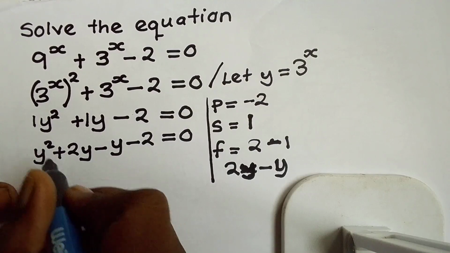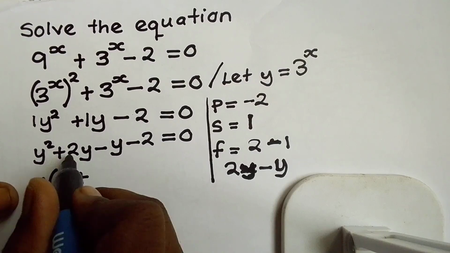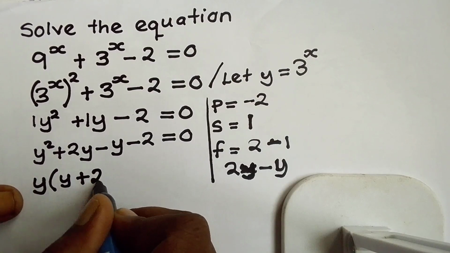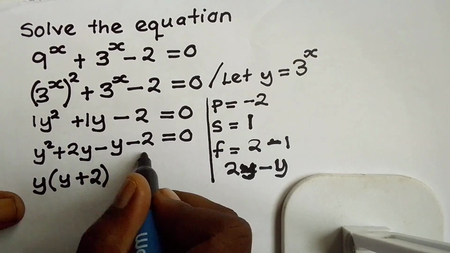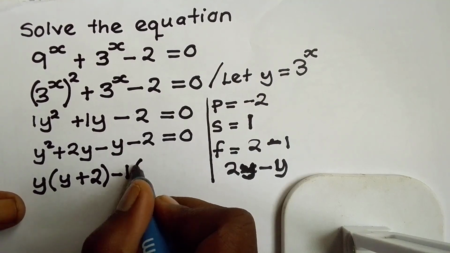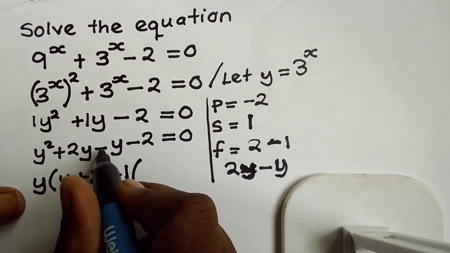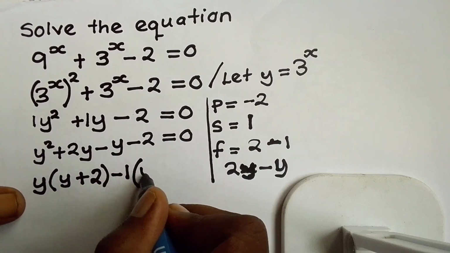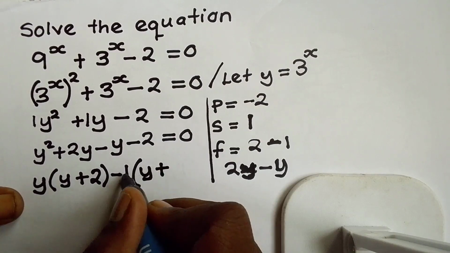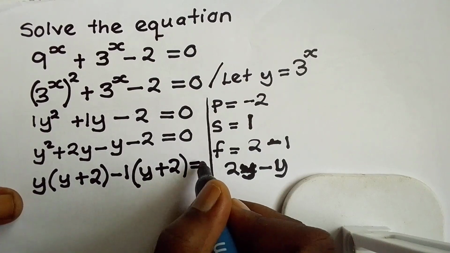So y into y squared gives y plus y into 2y gives 2. On the other side, -1 is common. Then open brackets: negative into negative is positive, 1 into y is y, negative into negative is positive, 1 into 2 gives 2, is equal to 0.